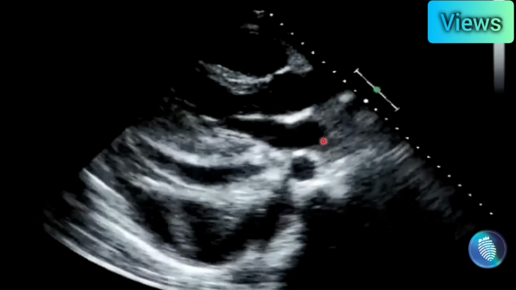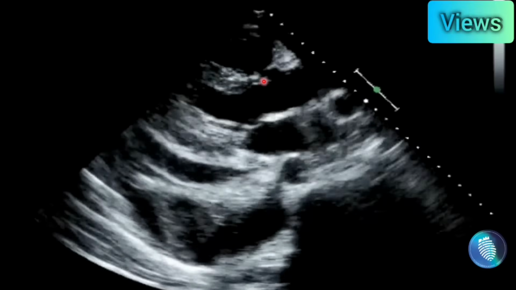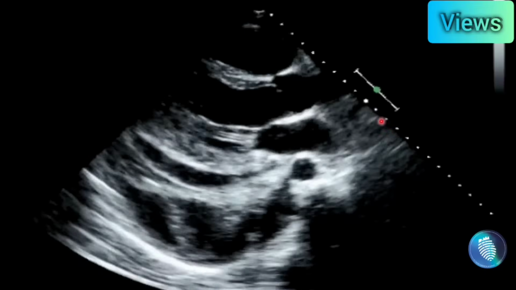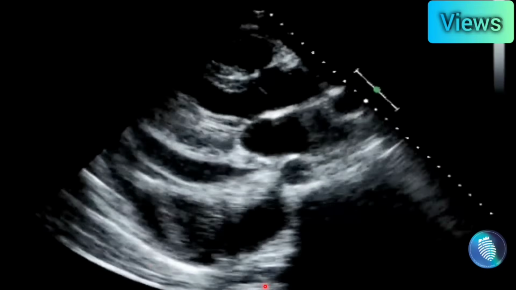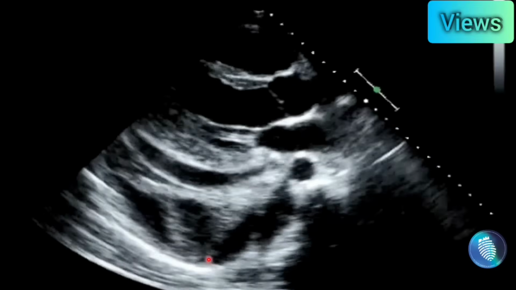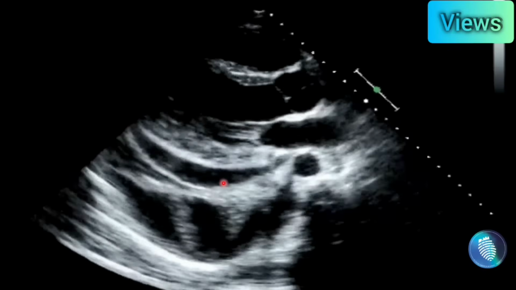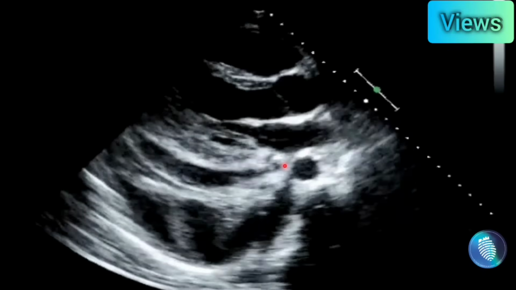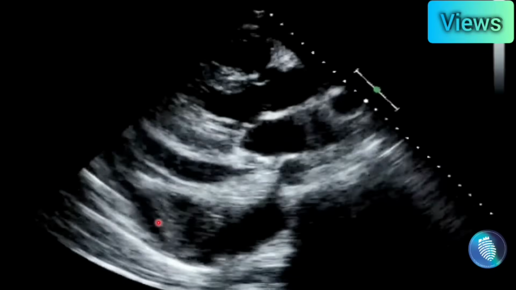And let's see this example. This is the parasternal long axis view. I increased the depth so that I reach the mediastinum. And we notice that there are two fluid-filled spaces here, one in front of the descending thoracic aorta and one behind the descending thoracic aorta.